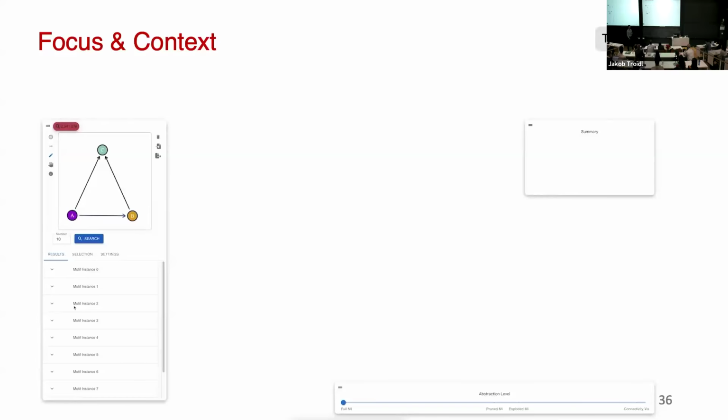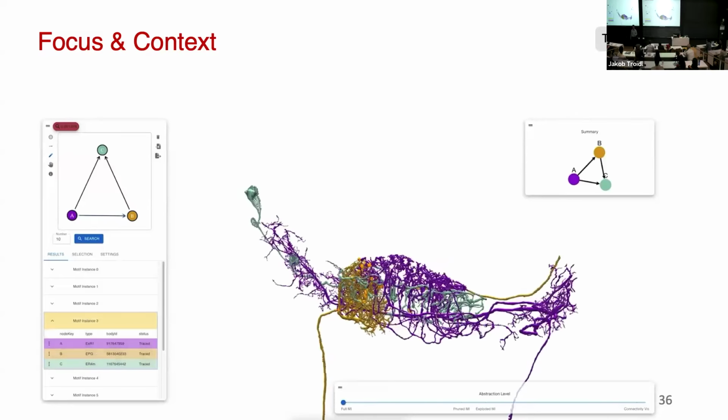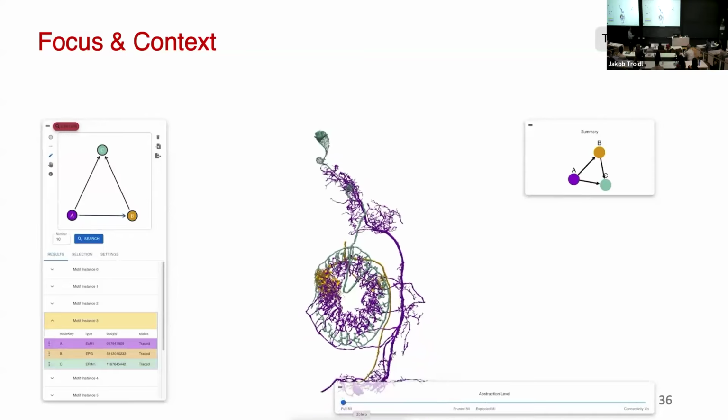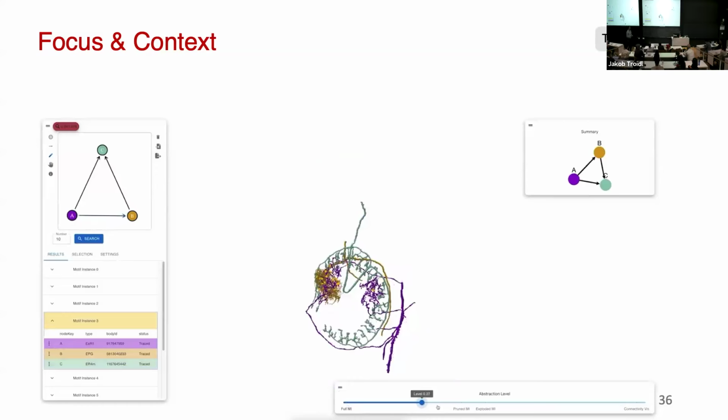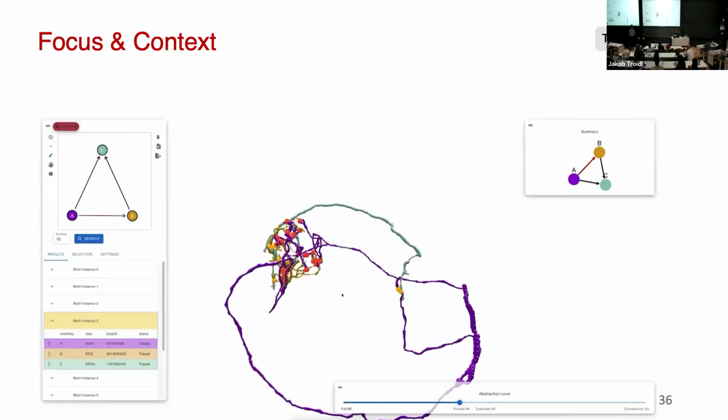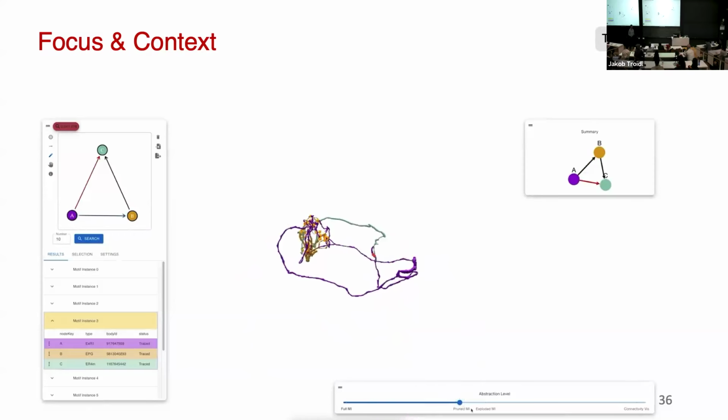And then to address this, we've designed this focus and context approach in Vimo, where after drawing a particular pattern, a user can inspect an instance of that pattern in 3D. And then by dragging this slider here on the bottom, the user can first prune away all unrelated branches to that particular connectivity pattern.